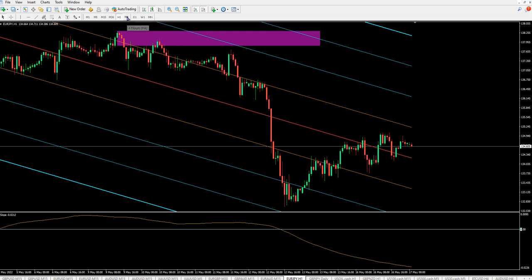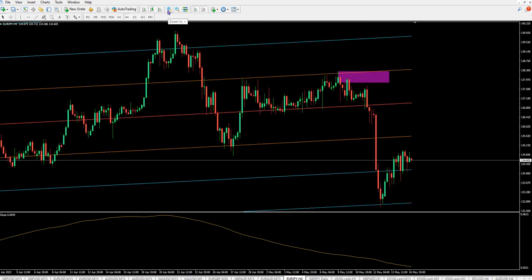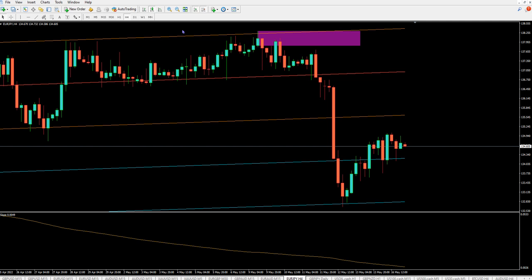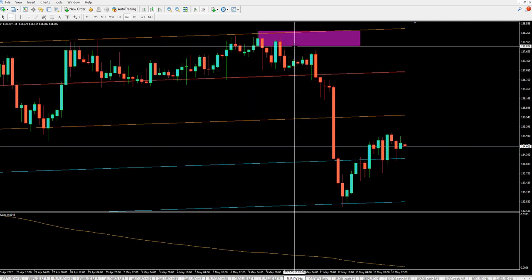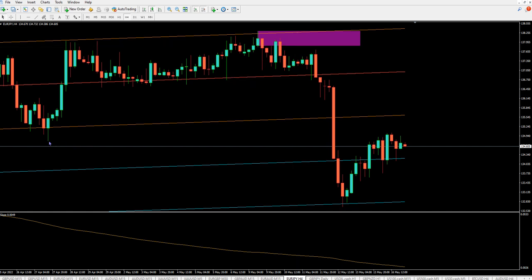But again, let's zoom out to the 4 hour. And again, that's that low that we just looked at. But we now have this other significant low, which is just barely past the lower part of the central zone.